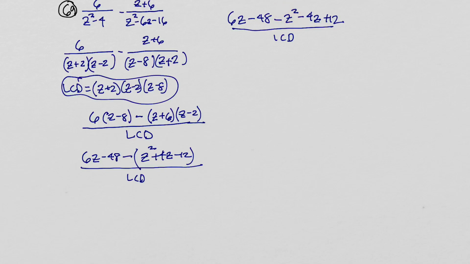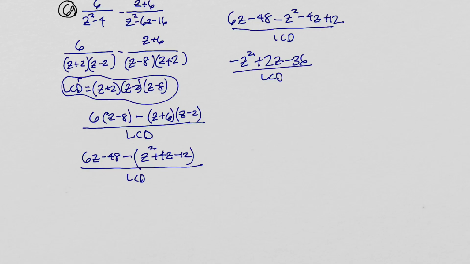I've got a negative z squared, so negative z squared, and then we've got 6z minus 4z is plus 2z, and then I've got a minus 48 and a plus 12, which is a negative 36 all over the LCD.